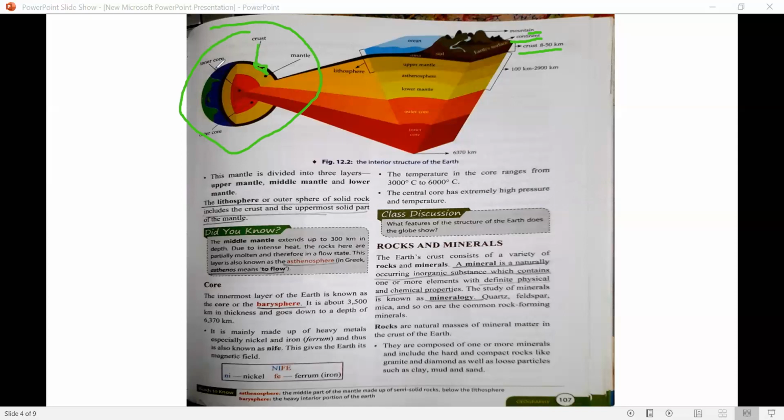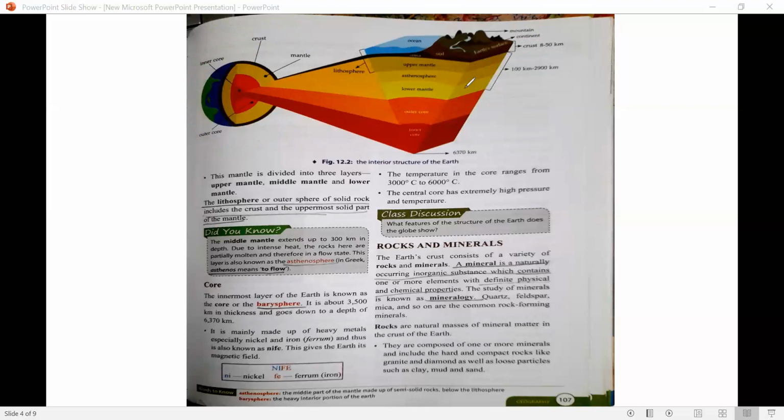This huge layer is the mantle, and these two tiny ones are the inner core and outer core, but they are very dangerous. Don't underestimate them. So these are the layers. Now let's learn about the upper mantle and lower mantle in the picture.